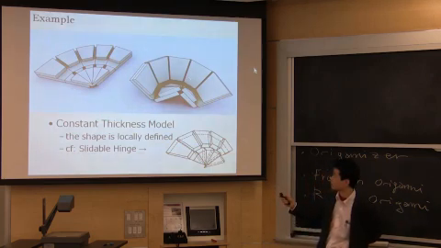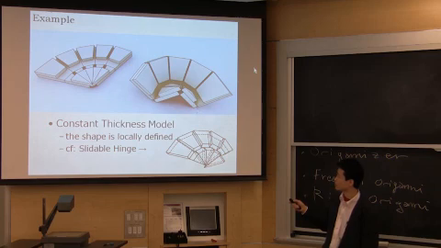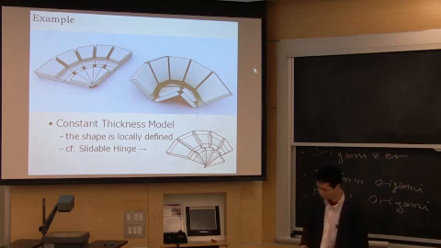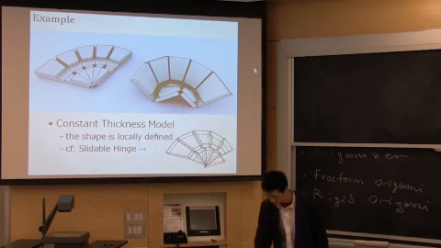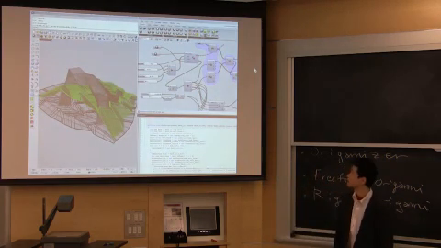Or this is an example using a constant thickness model where no error is accumulated, like this model, a slidable hinge. This is implemented using Grasshopper again.